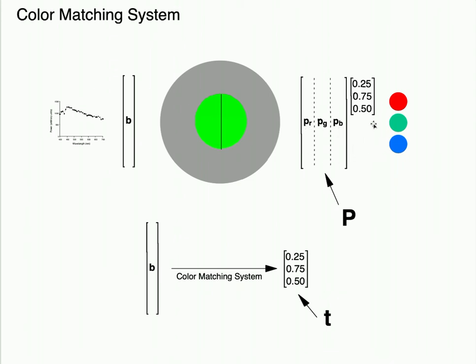This matrix product here, which would be P times the tristimulus values T, actually produces for me the matrix vector representation of the stimulus that's metameric to this light B.